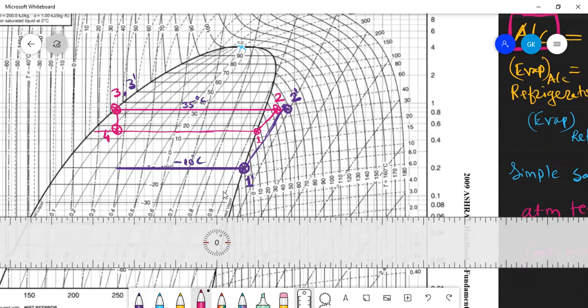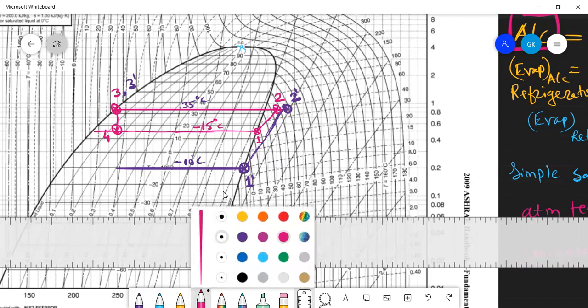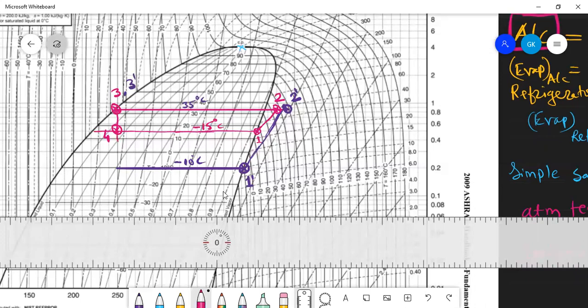Initially this is at minus 15 degrees Celsius. So this is the 4 dash.